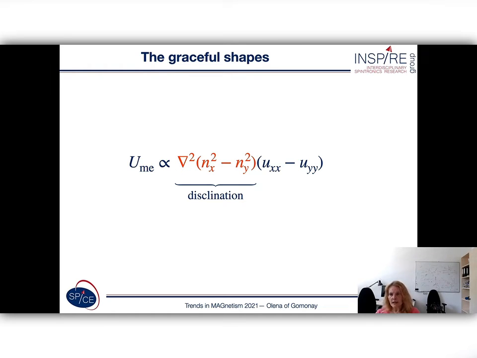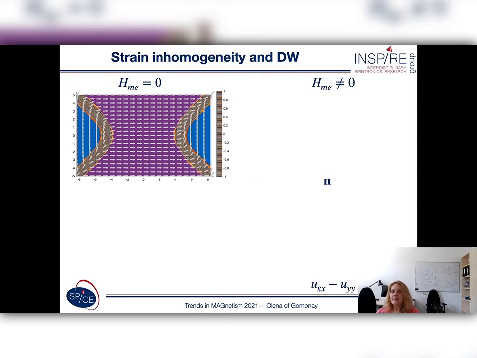So in this case, the additional contribution to the energy appears due to the magnetic gradients, which are also coupled with distribution of strains. So let us consider an antiferromagnetic sample cut in a rectangular shape in such a way that the edges of the sample are parallel to the easy magnetic axis.